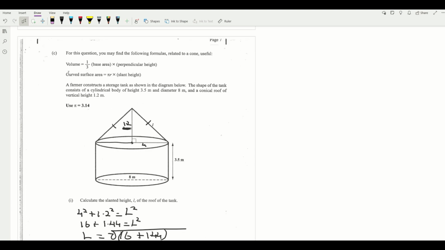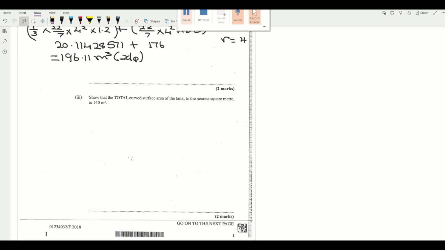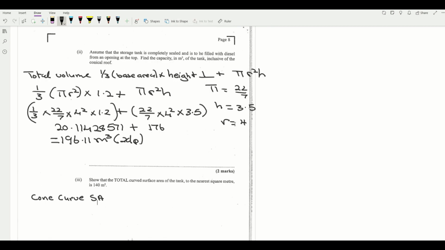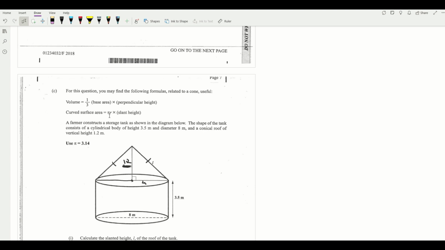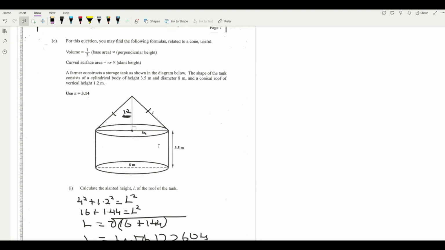They already gave you your curved surface area for the cone. So first let's find the curved surface area of the cone. The curved surface area, I'm putting SA for surface area, is pi r by the slanted height.